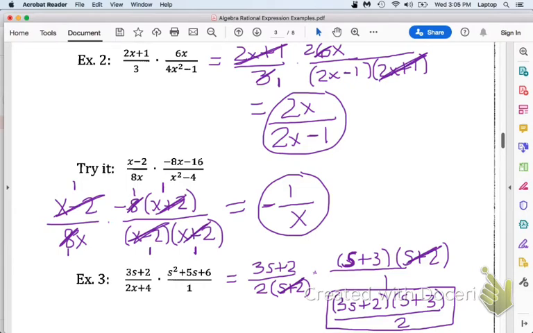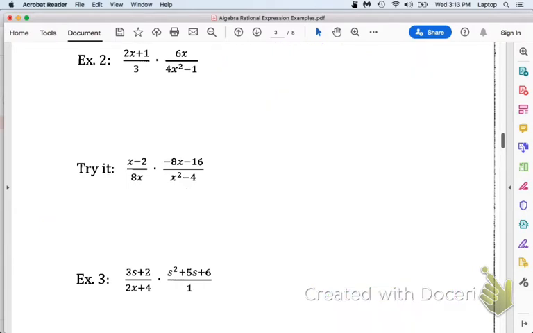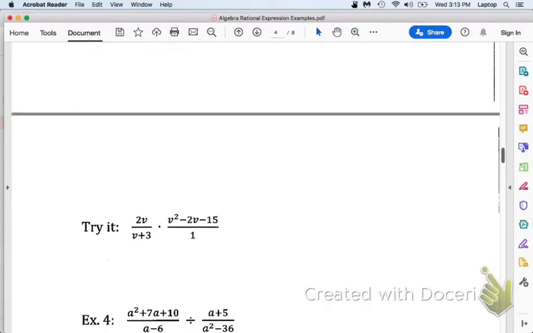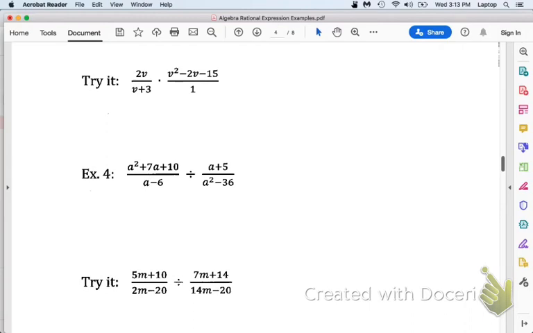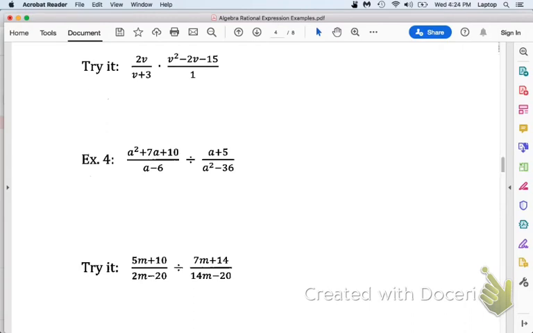I'm going to clear it out so we can try a few more examples. Okay, for this next one, we will want to multiply. So of course we're going to first start by factoring the numerator of the second fraction.